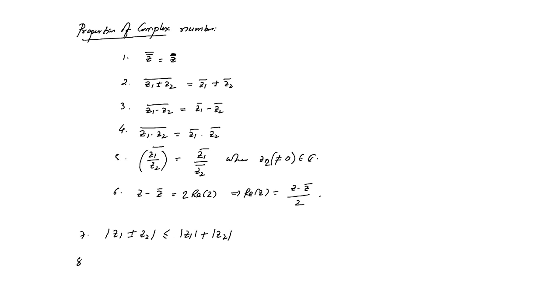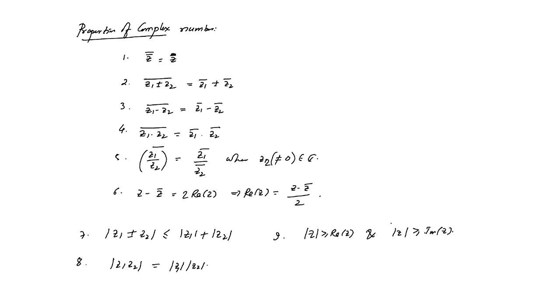Next, mod of Z1 times Z2 is mod Z1 multiplied by mod Z2. Another important property is that mod Z is always greater than or equal to the real part of Z, and mod Z is also greater than or equal to the imaginary part of Z.